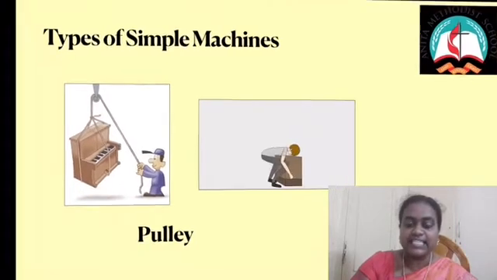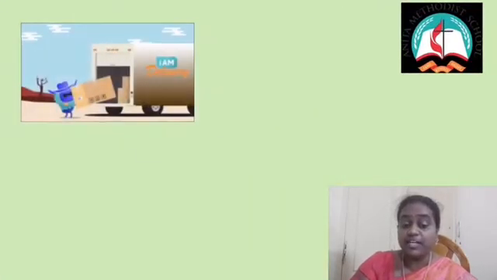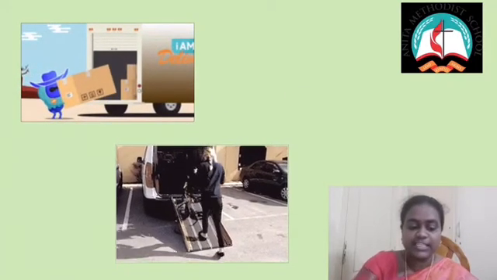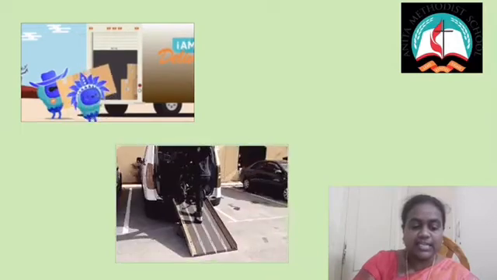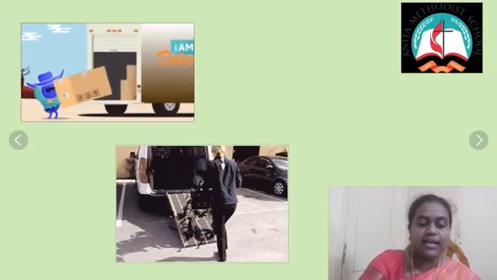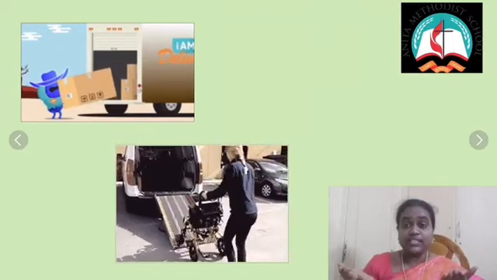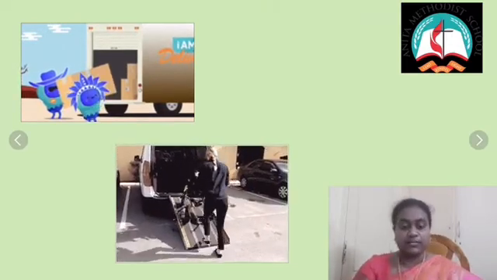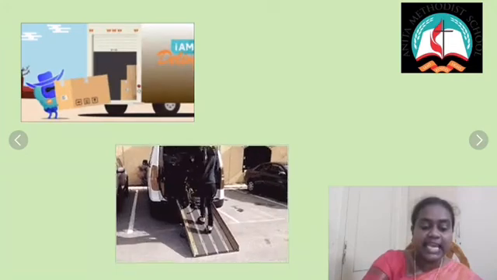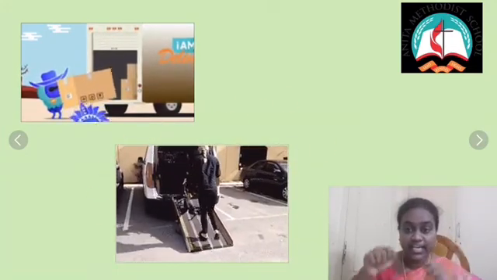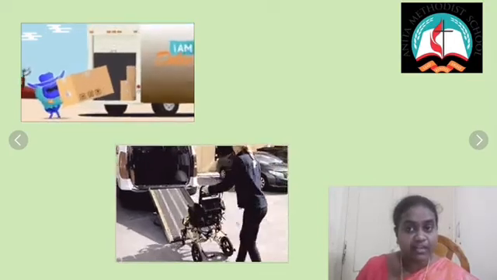The second type. Again, I want you to observe these two pictures. In the first picture, this man is trying to lift the box and put it inside the trunk. In the second picture, this lady is pulling a luggage from the van to the road.